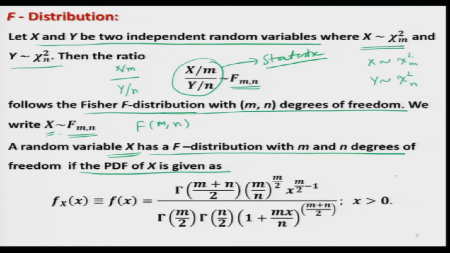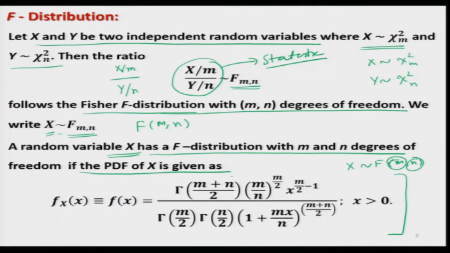You can see once again this is a little bit complicated expression, but as I said earlier, you do not need to get worried about this complicated form, because we are just going to use the information that x follows the F distribution with m and n degrees of freedom, and what the values of m and n are, that will help us. But you must know what this form is.